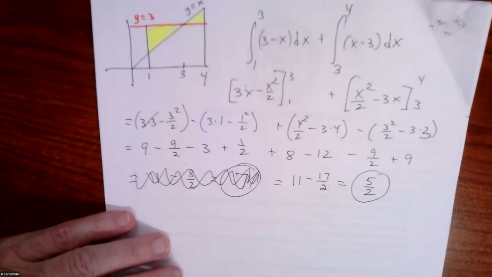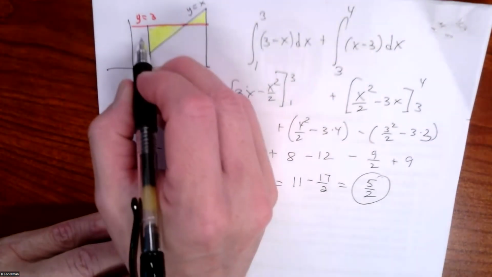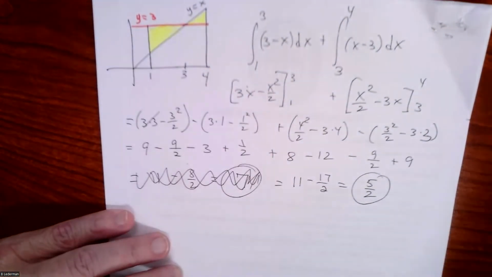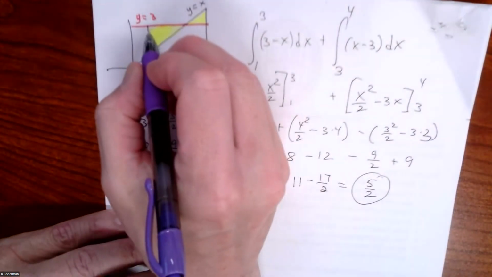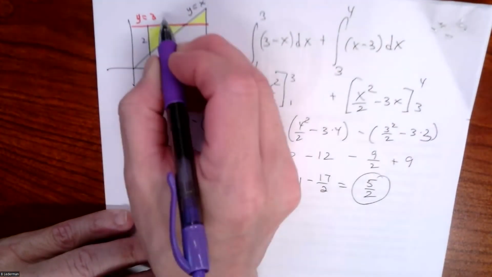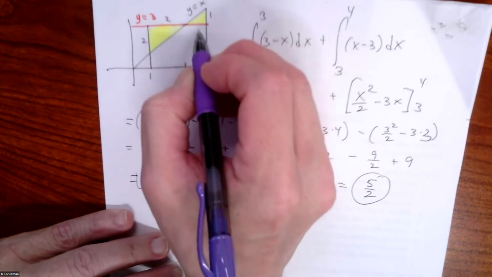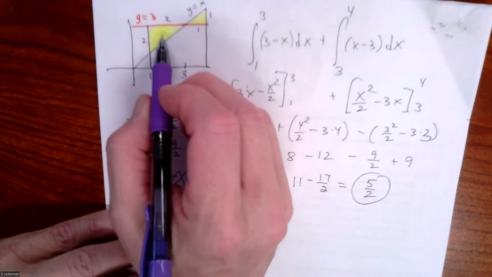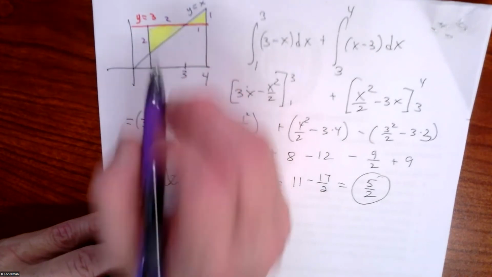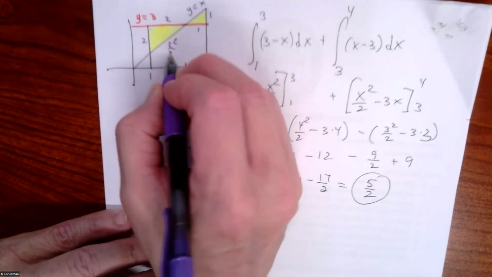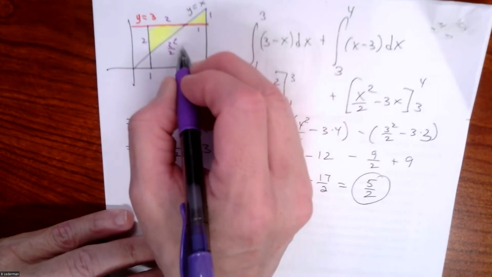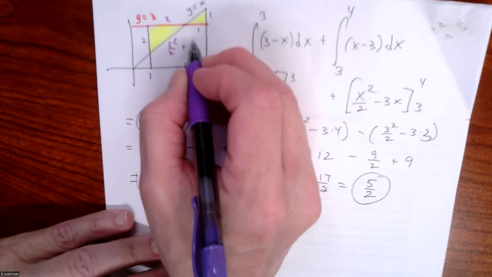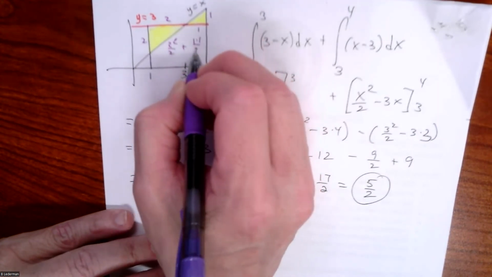5/2. And by the way, that makes a lot of sense because this over here, let me go to purple. This is a right triangle where that's 2 and that's 2. That's 1 and that's 1. I have these two sort of right triangles. The area of the first triangle is 1/2 base times height, so it's 2 squared over 2. The area of the second triangle is 1/2 base times height, so it's 1 times 1 over 2.